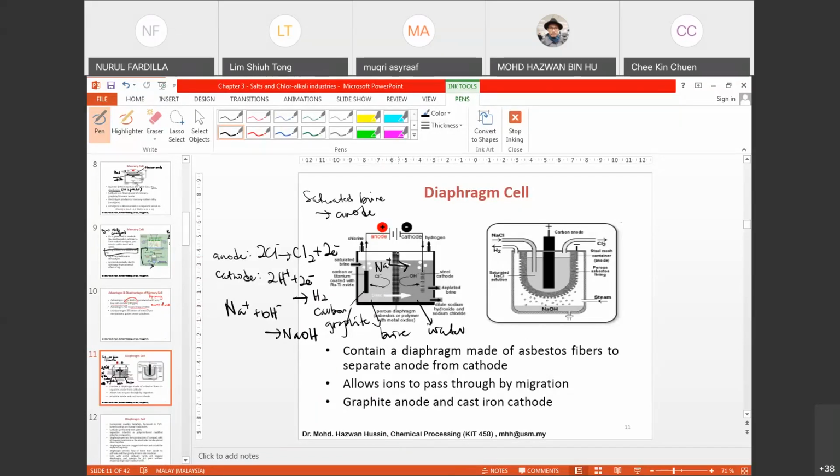That is why you need a separator, just to separate. And when you have a gradient, that is why sodium plus can move to the other compartment. Graphite anode and cast iron cathode. So the cathode used over here is cast iron, right?